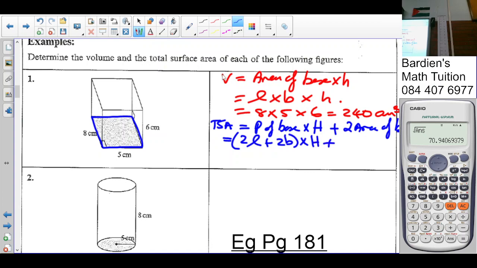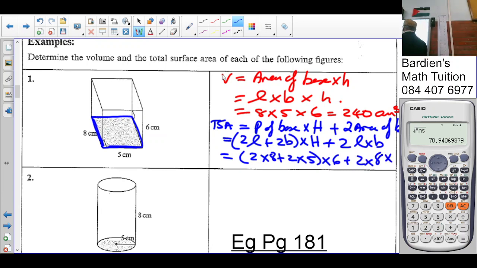What type of base is this shape? Rectangular base. How do you calculate the area of a rectangle? So it's 2 length times breadth. You guys understand? So what is my length here? My length is 8 plus 2 times 5, times height, plus 2 times my length 8 times 5.